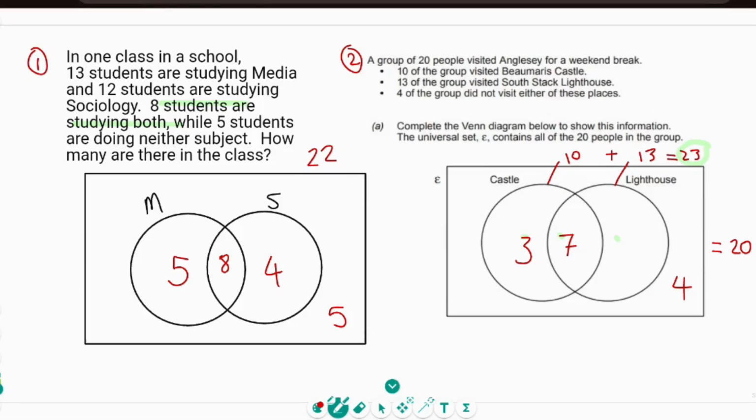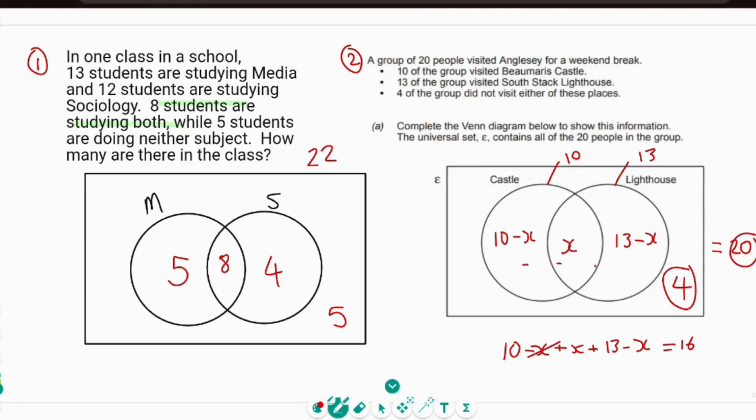Right, now let me do it with the algebra way. Let's get rid of all of this. x. 10 take away x. 13 take away x. We know 10 take away x plus x plus 13 take away x is equal to 16, because we've got 4 here, 20 here.